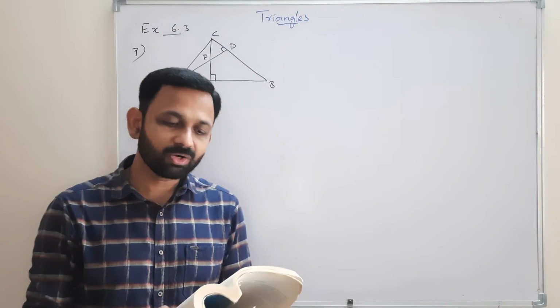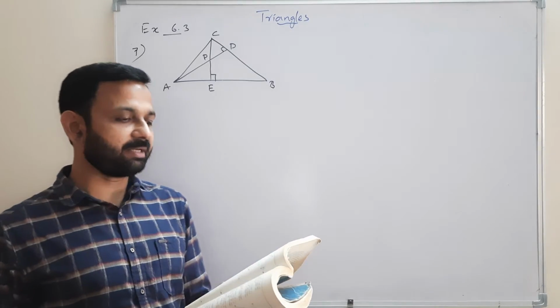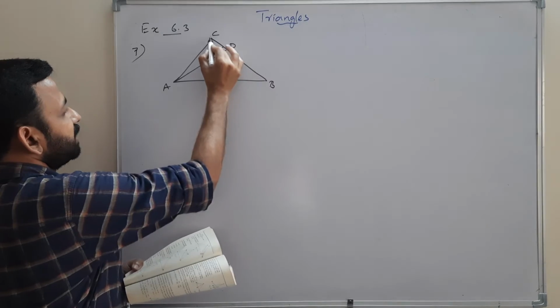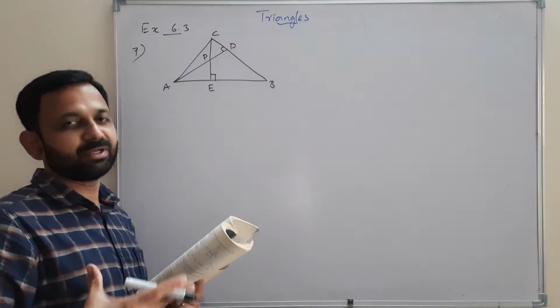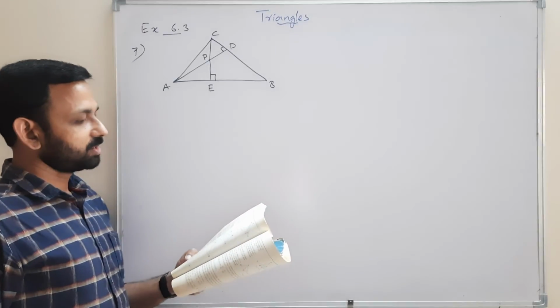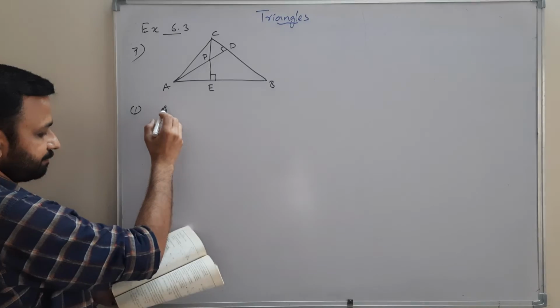Here altitudes AD and CE of triangle ABC intersect each other at the point P. AD and CE are altitudes, meaning perpendiculars, and they intersect at the point P. Show that. Then we have 4 parts here. We are going to do the first part.